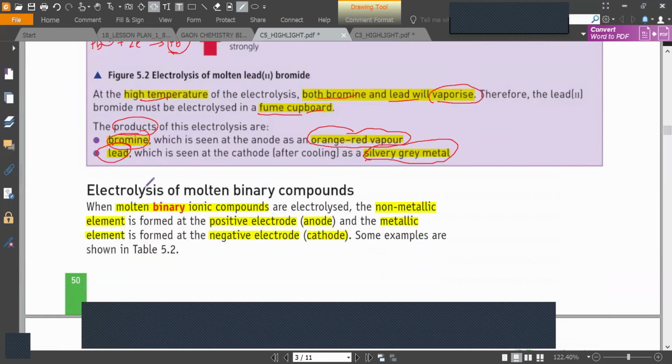Next, electrolysis of molten binary compounds. Molten binary ionic compounds are electrolyzed.